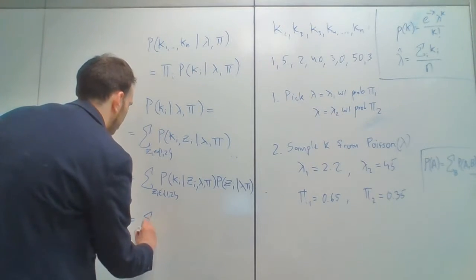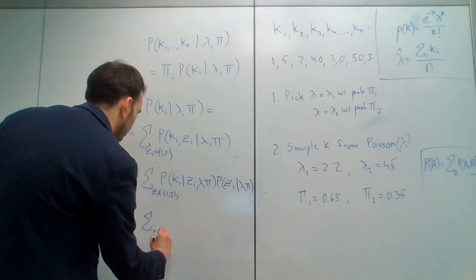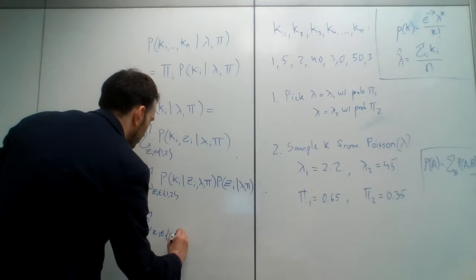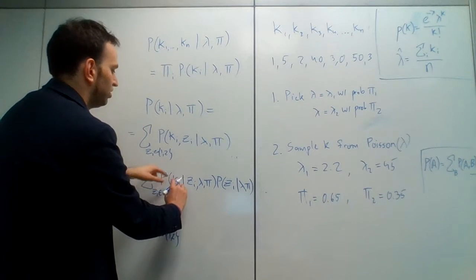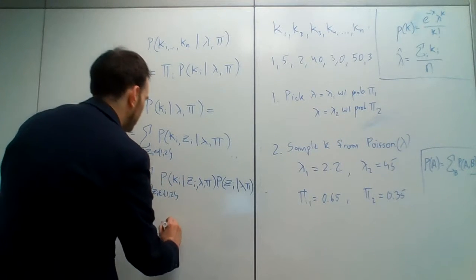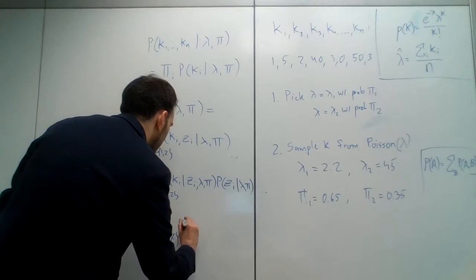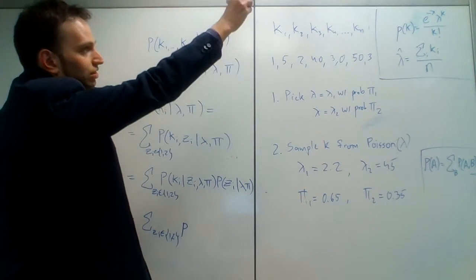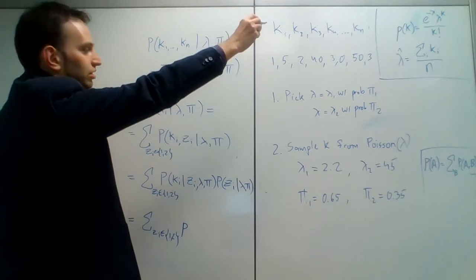So P of ki given zi is the probability of k under lambda zi.